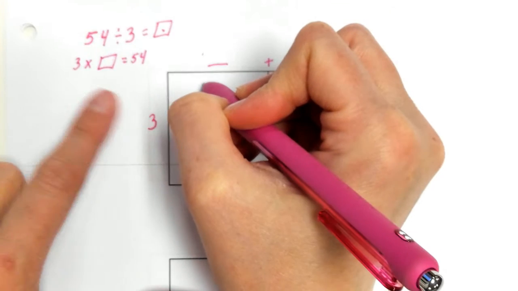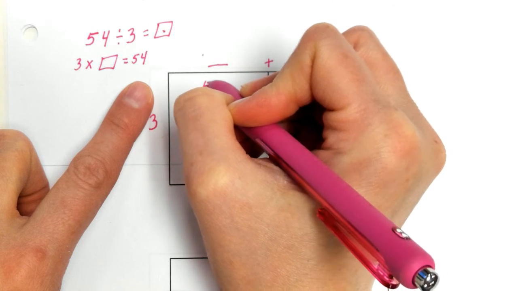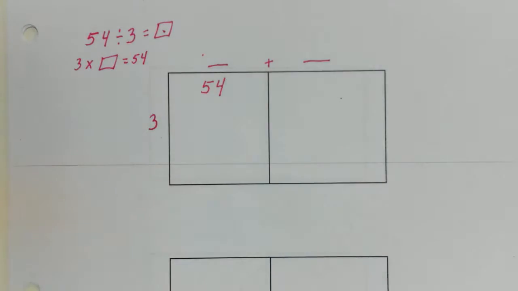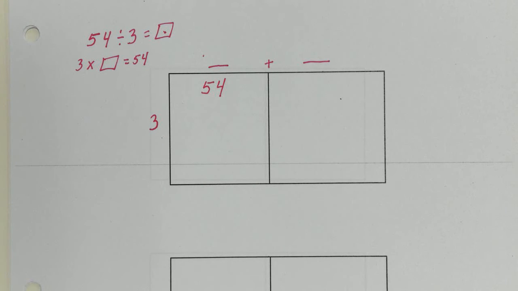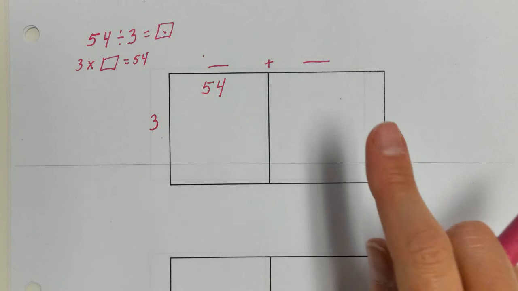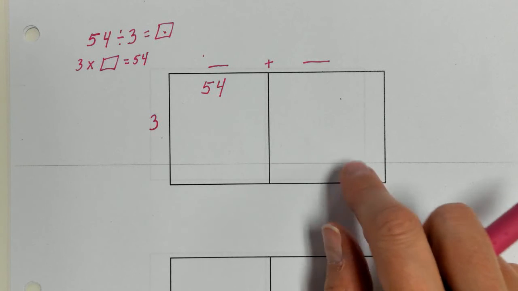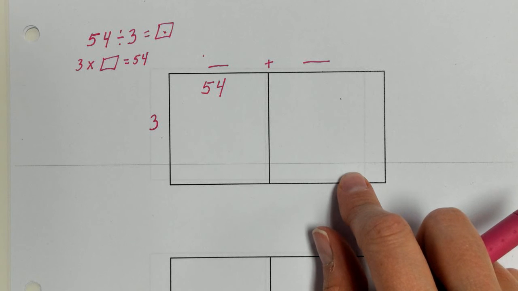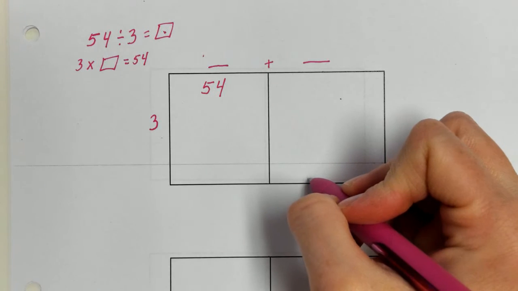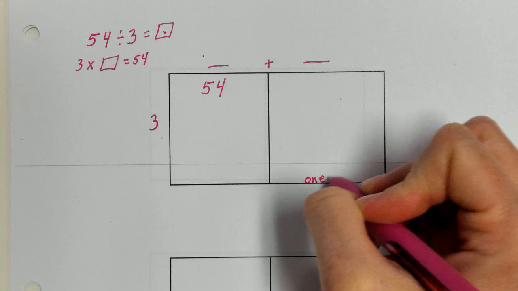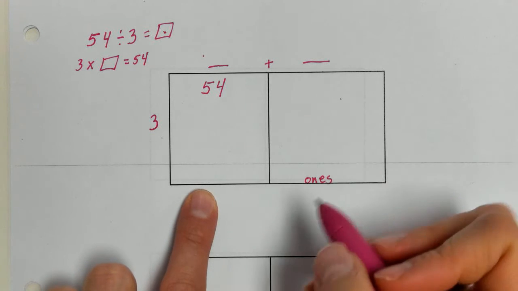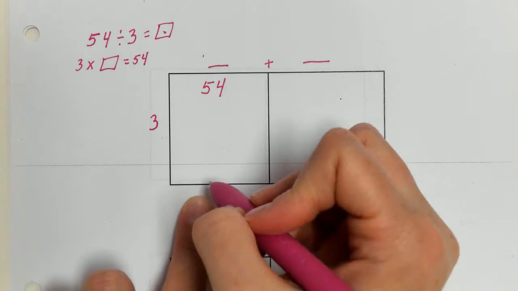So what I'm going to do is I'm going to write my 54 into this box. Now, if I'm looking at place value, what place value does this box represent? The ones. I'm going to write ones down here just to help us out. And what is this place value? The tens.